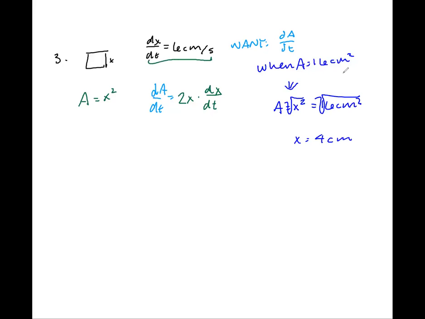So now we can solve this problem. dA/dt is equal to 2 times 4 centimeters times 6 centimeters per second. So dA/dt is equal to 48 centimeters squared per second.